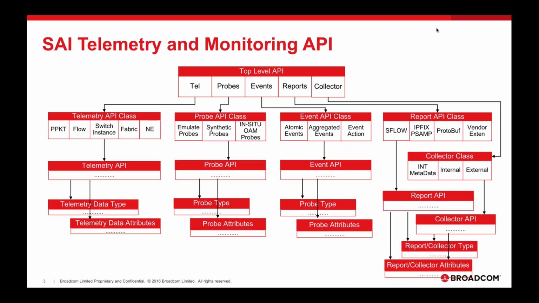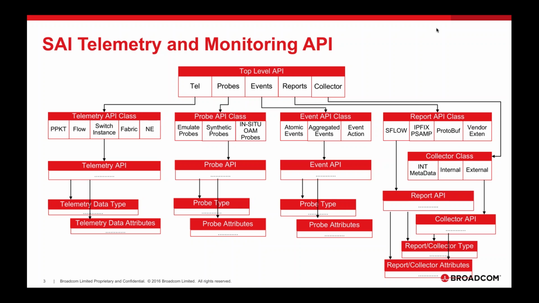So that's the class. The second one is the flow class, where we do not want to burden the system on a per packet basis, but want to create telemetry objects for a given flow and want to collect it on a flow basis. The third is a switch instance, and switch as not in a switch or a router, but a switching silicon instance. So a system may have multiple instances of the switch, and we want to collect data for a given switch instance.